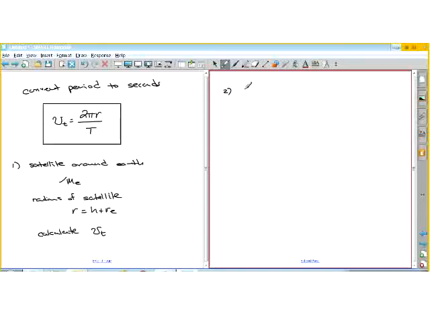The other kind of problem I might give you is I give you the radius. And one of the special cases is geosynchronous orbits.